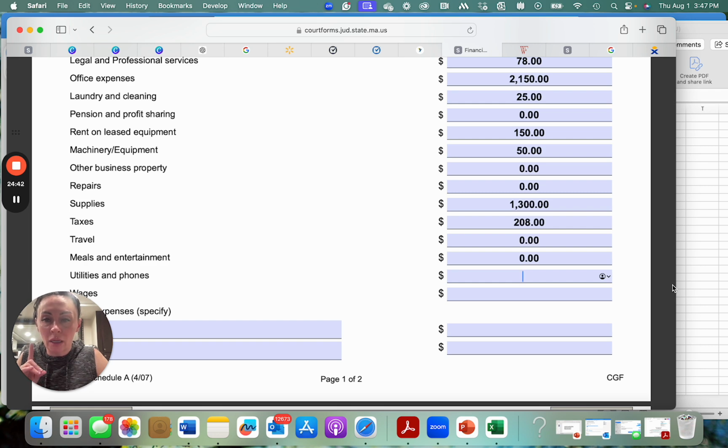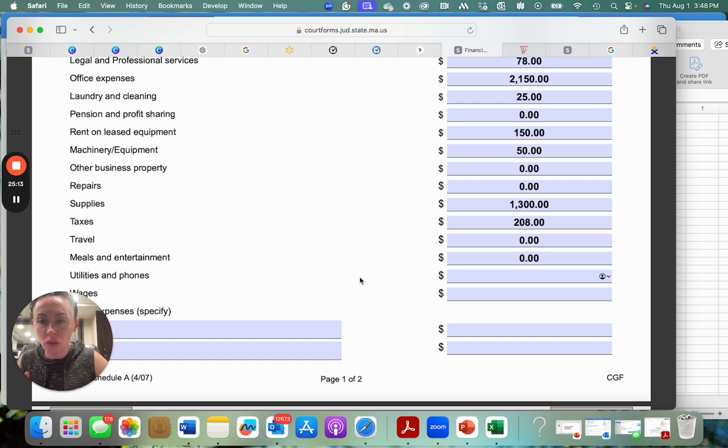So utilities and phones are all well and fine, but when you pay, if you have a landline, and a pizza shop in all likelihood does have a landline, a lot of times the phone is wrapped into the internet bill. So when you're reporting that, you just want to make note. If I'm sending Comcast $200 a month for phone and internet, I want to make sure that that is designated as well.